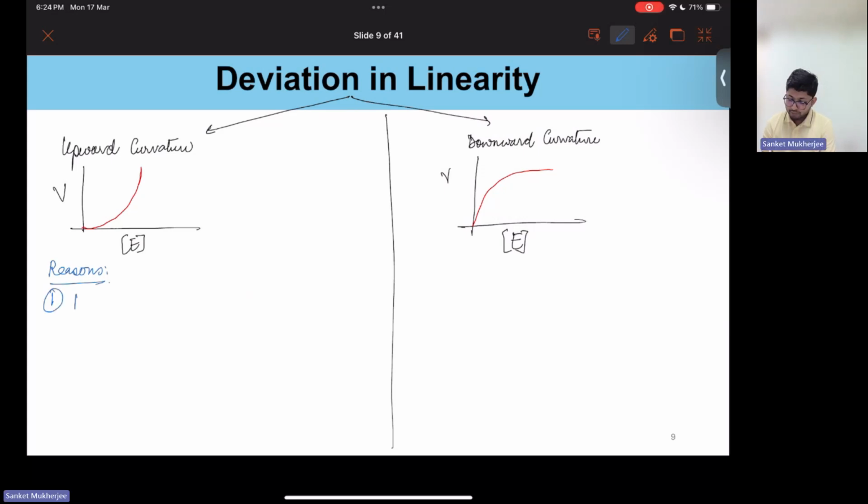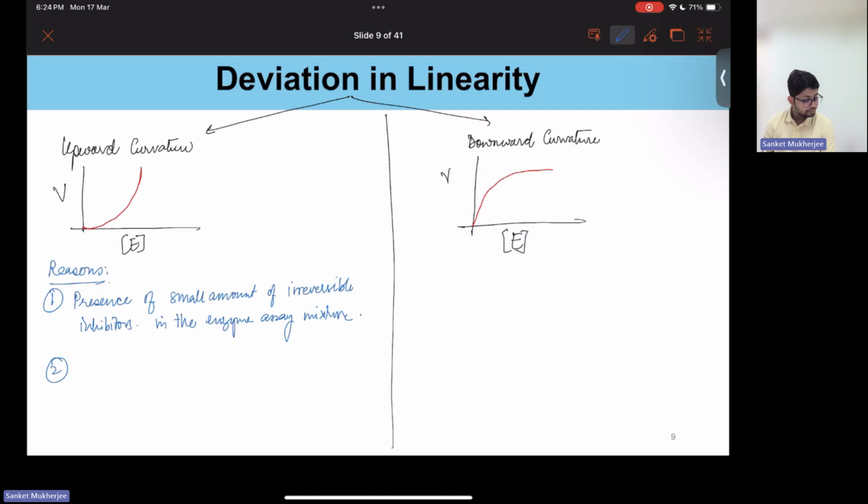So the reasons could be presence of small amount of irreversible inhibitors in the enzyme assay mixture.